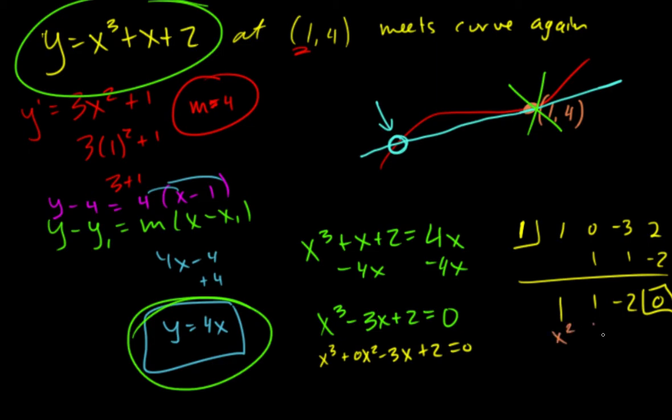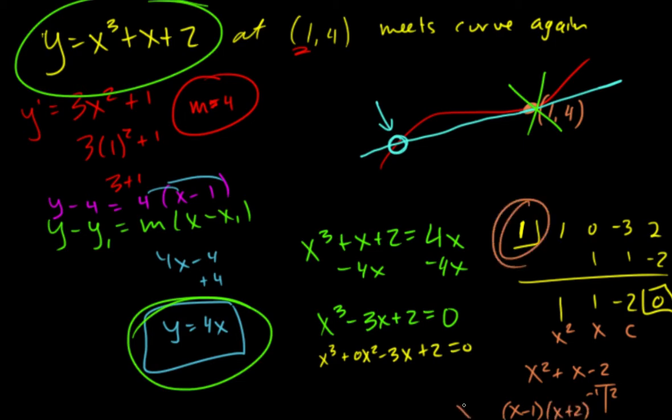And this will be x squared plus x minus 2, which we can factor. We want it to add up to 1. So we get (x minus 1)(x plus 2), and then the original one would have been an x minus 1 as well.